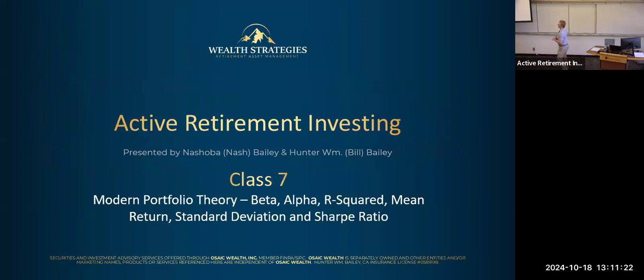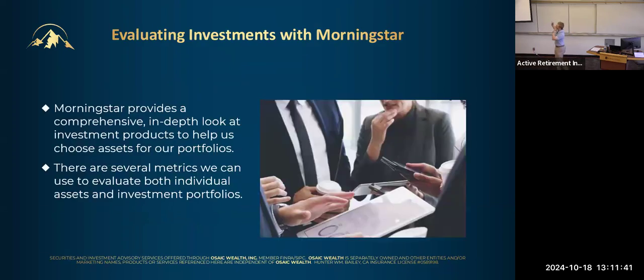So getting into today, we're going to talk about my favorite stuff, the fun stuff that I know the most about, which is modern portfolio theory, different ways to measure risk and return, and how to actually use those data points to create a portfolio that is most efficient. So starting, we're going to evaluate these investments with Morningstar, like I mentioned.